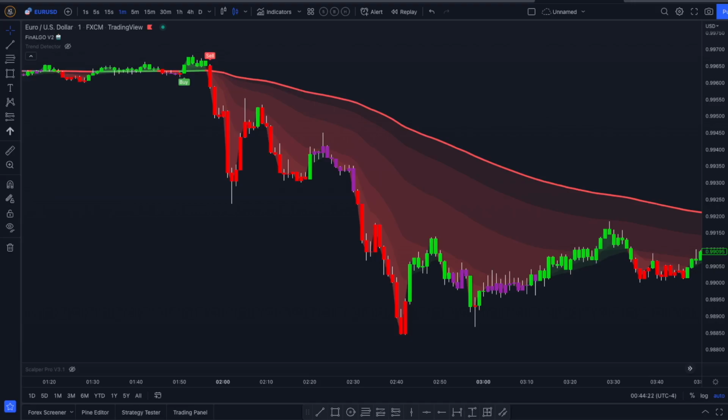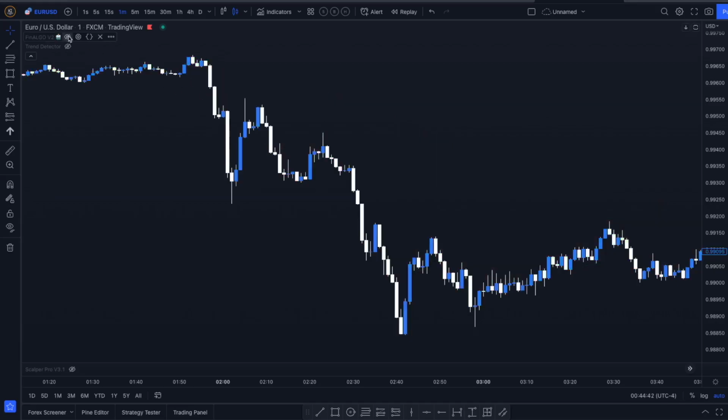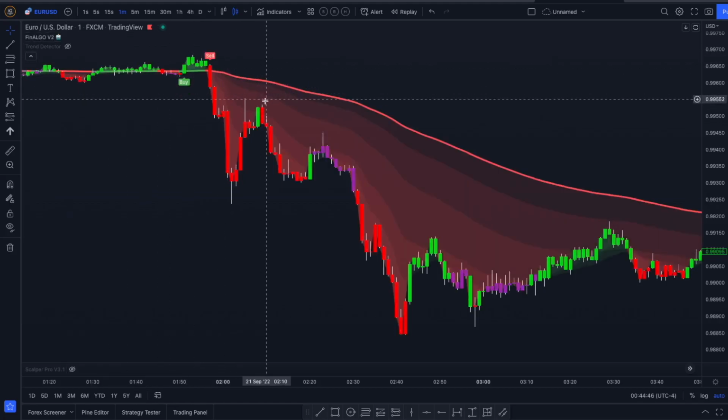You can choose between two different display modes. You can either choose this baseline version where we have EMAs that follow the price, and you can see how big the distance is between the current close price and, for example, our baseline here. So we could consider this as a pullback. If we, for example, turn off the chart, you wouldn't get that same feeling, but here we would be able to tell.